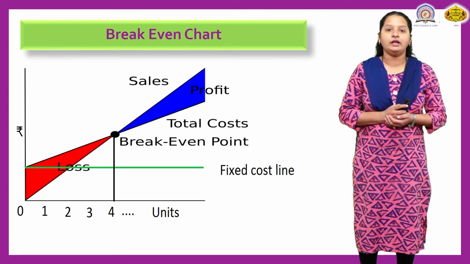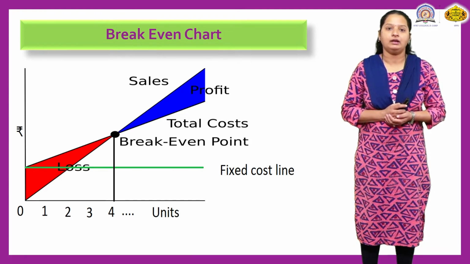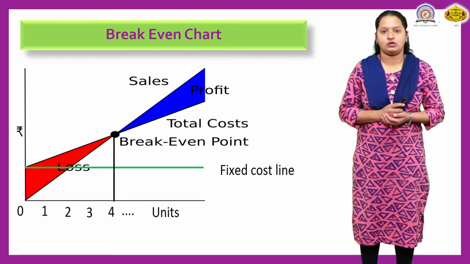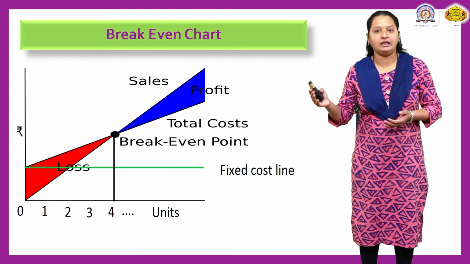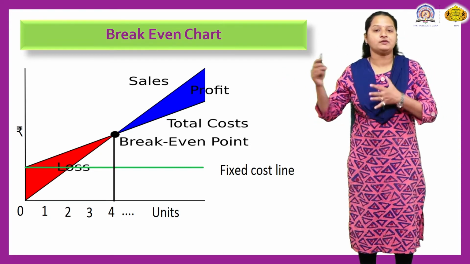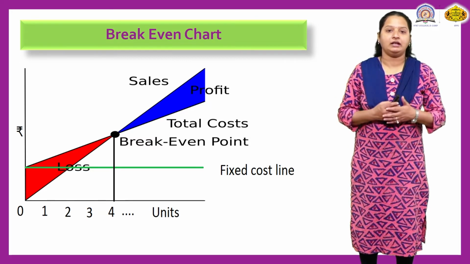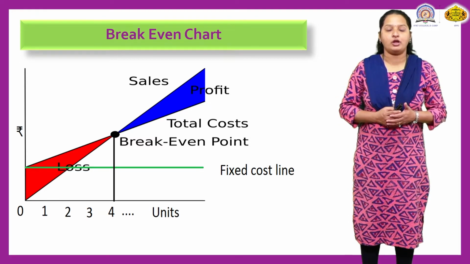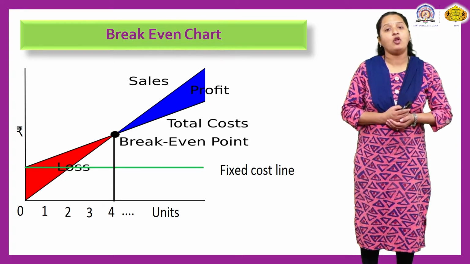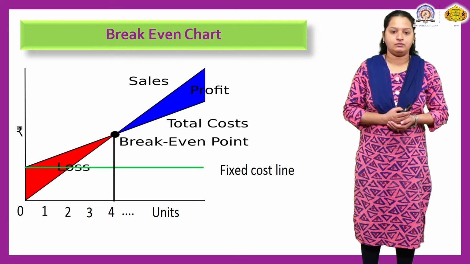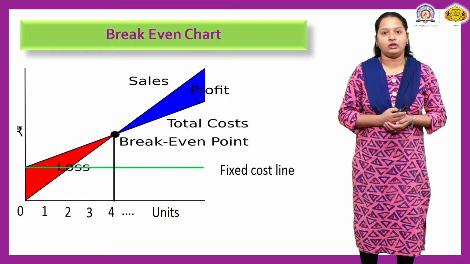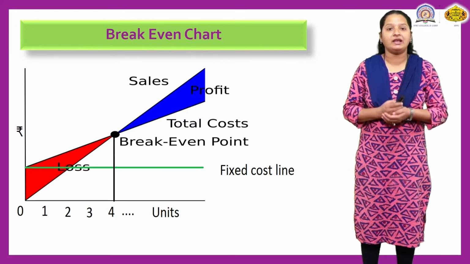The color blue denotes profit, and the color red denotes loss. So, any activity above the break-even point will bring profits for the organization, and any volume of production below the break-even point denotes a loss for the organization. In this way, we can check the profit and loss position of the organization with the help of the break-even chart.